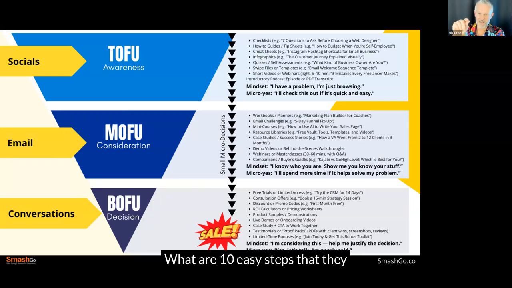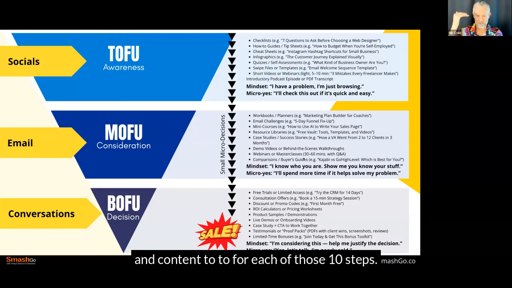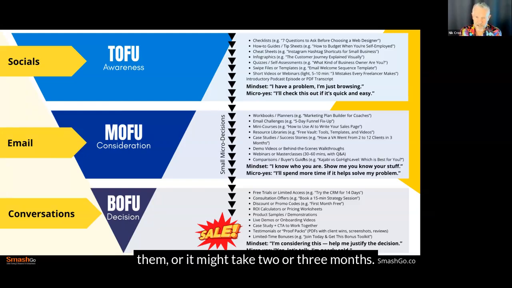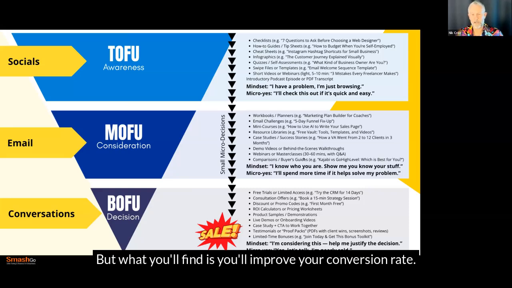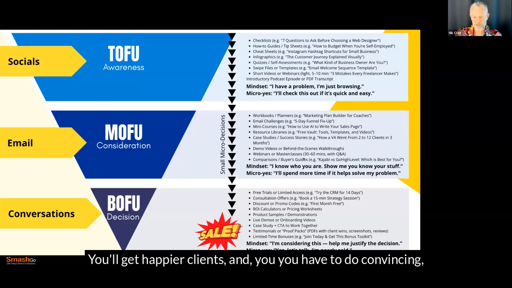What are 10 easy steps that they could say yes to on the way through? Map that out. And then you start to create your lead magnets and content for each of those 10 steps. Now, it might take them only 2 or 3 minutes to go through them, or it might take 2 or 3 months. But what you'll find is you'll improve your conversion rate, you'll get better clients, you'll get happier clients. You have to do less convincing, and people are going to be more willing to do something.